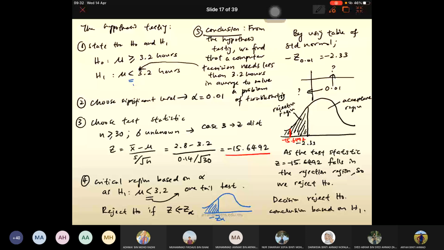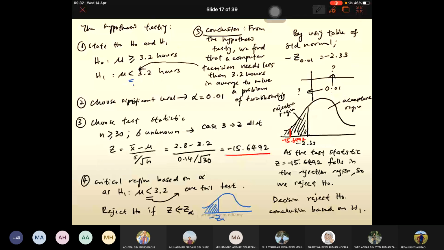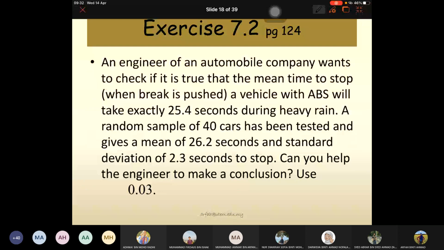Okay, kita tengok next example. Exercise 7.2. Okay. So kita tengok exercise. Done this one? Okay. So exercise 7.2.